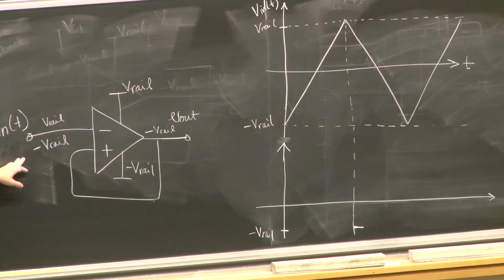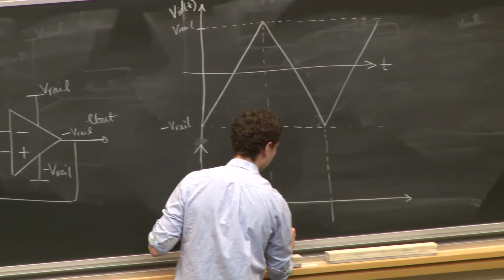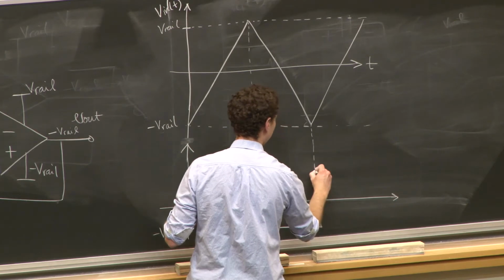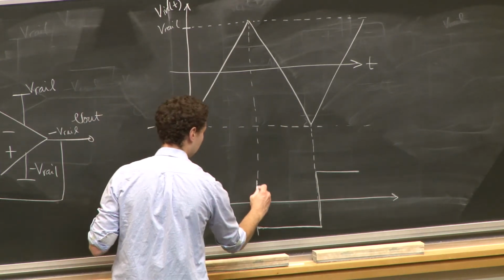So technically, the two voltages will be the same, but let's say we just go a tiny bit lower. Okay, just a tiny bit lower. Then the output will switch to positive V rail. So as soon as we get here, we switch to the positive rail. And in fact, that'll happen going in the opposite direction as well.